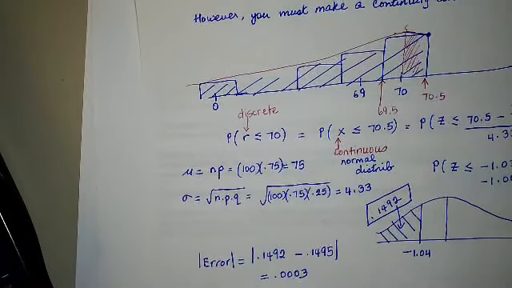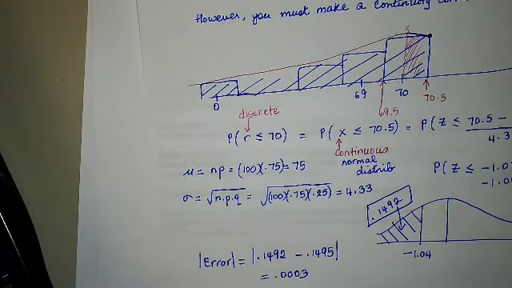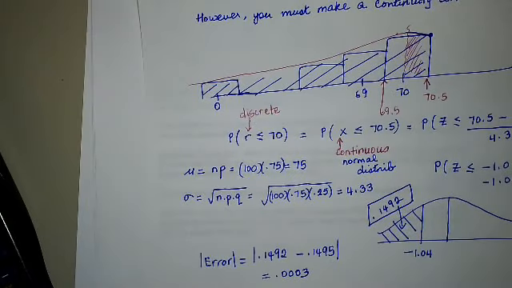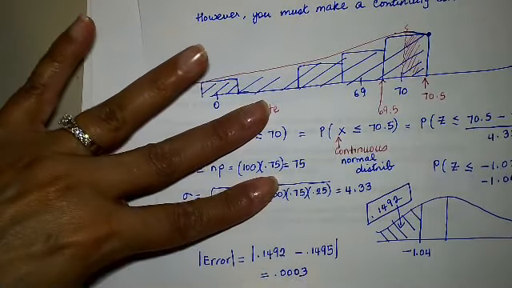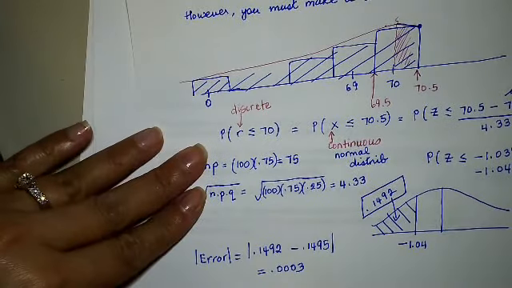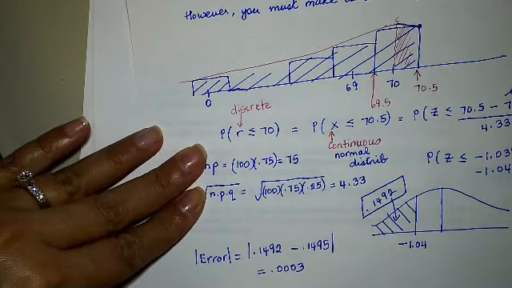So in my problem here, let's go to this problem for a second. And let's say that the question was part C. Find the probability that x is equal to, sorry, not x, r. I have to be very careful with that because r is discrete, x is not.